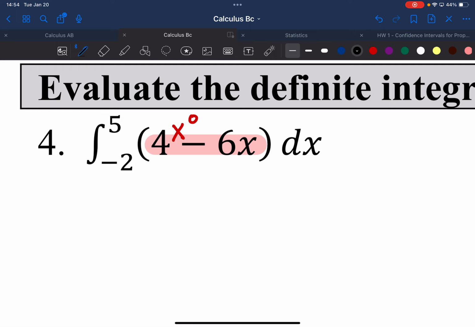So if I was taking the antiderivative, what would 4x to the 0 power turn into? Good, 4x, and then divided by 1. But do I need to write that? No. Okay, what about the next term?